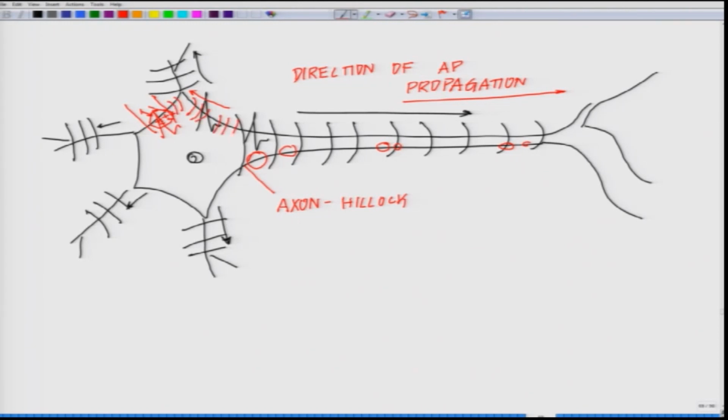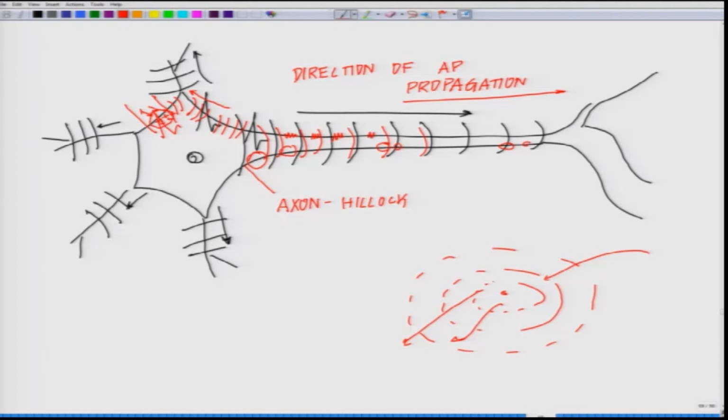Likewise, there is a wave front, just like when you throw a stone in a pond, you see a wave front spreads outward. That is precisely what happens in an action potential. Then this part gets activated, then this part, then this part. If it starts with that all or none, then this will spread like this, and then something happens at this end, which will come in the next class.